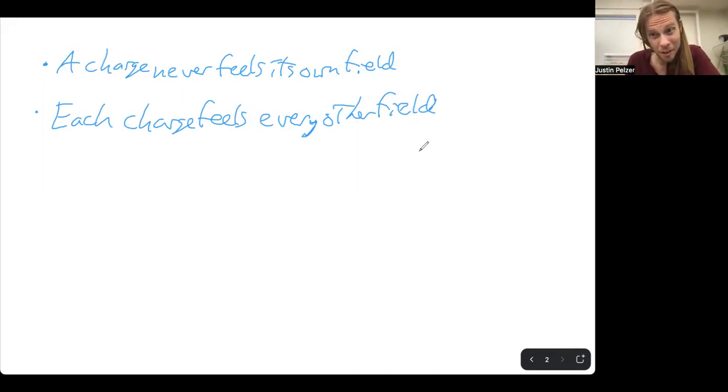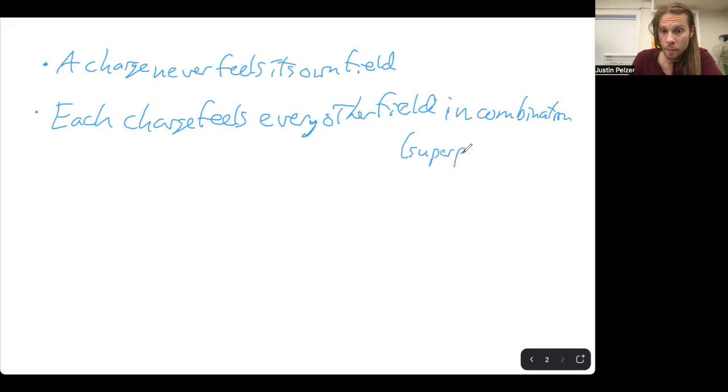So we'll do 2 or 3 at a time in this class, but really this field theory is this combination of every other field in existence affecting every single charge. But a charge never feels its own field. Each charge feels every other field in combination. We call that superposition, which is just the sum of all fields.